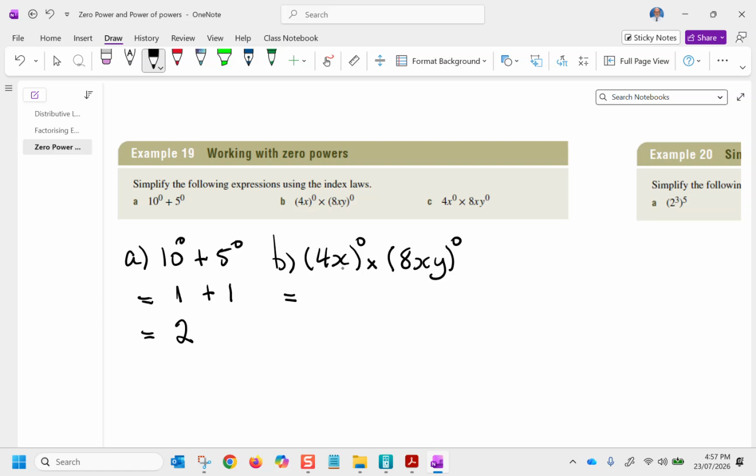Now, whatever x is, as long as x does not equal 0, x is a number times 4, that's just some other number, and any number to the power 0 is 1, multiplied by, this time x and y are numbers. Any numbers multiplied together make a fresh number, times 8 is some number. Any number to the power 0 is 1. So this time, 1 multiplied by 1, the answer is 1.